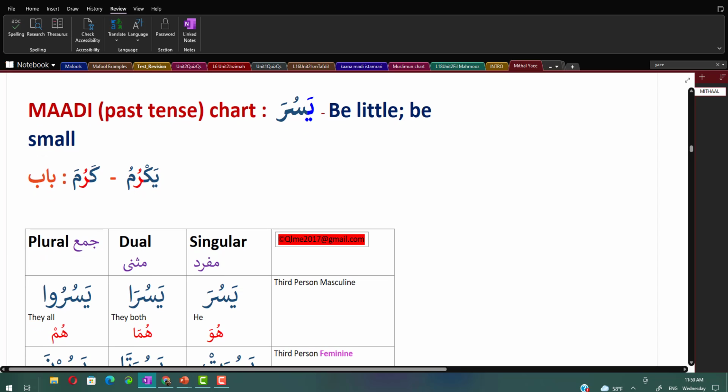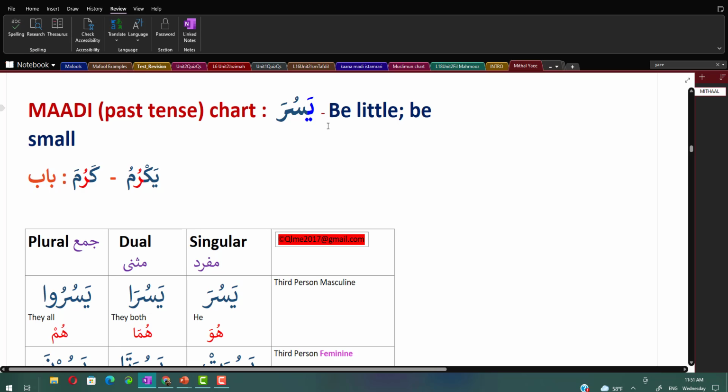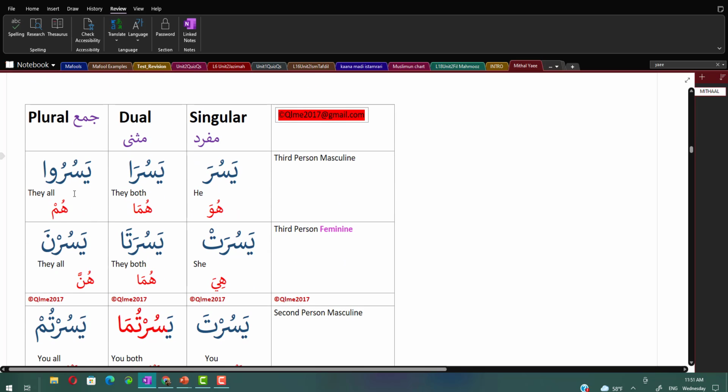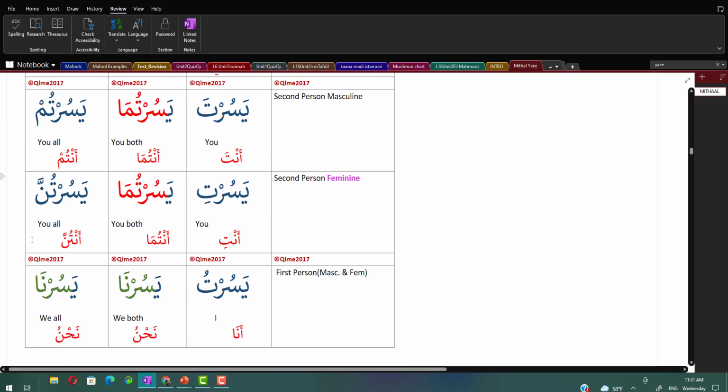Next, I've taken the example of madi for the family karuma yakrumu, yasura yaisuru. This is not there in Quran. I've just taken the example to show you what changes happen in this family. Yasura means be little or be small. So yasura, yasura, yasuru, yasurat, yasurata, yasurna, yasurta, yasurtuma, yasurtum, yasurti, yasurtuma, yasurtunna, yasurtu, yasurna.